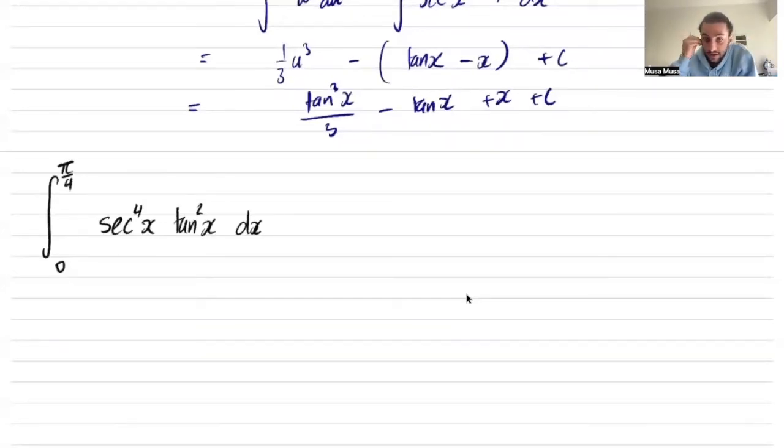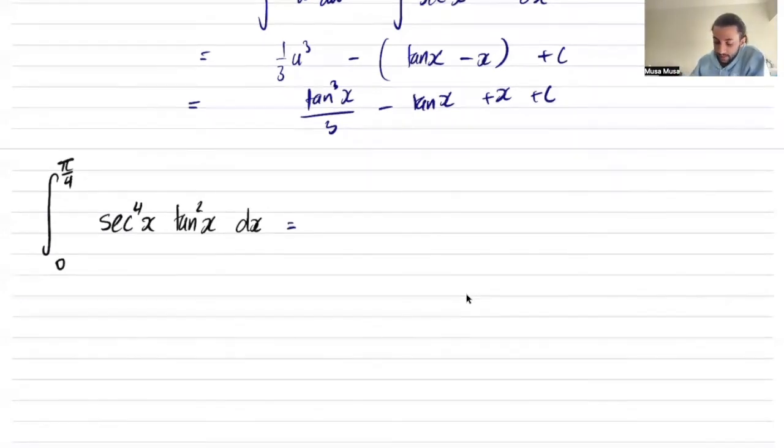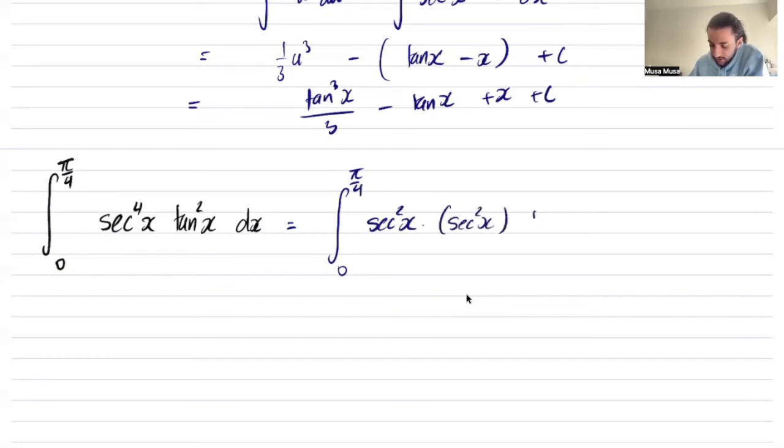Well, what I'm going to do again is isolate. Watch, this is quite smart. I'm going to isolate a sec squared x. This works, by the way, when you have an even power of sec. You'll notice why. If I isolate one of the sec squared x's, I'll be left with a sec squared x like this.